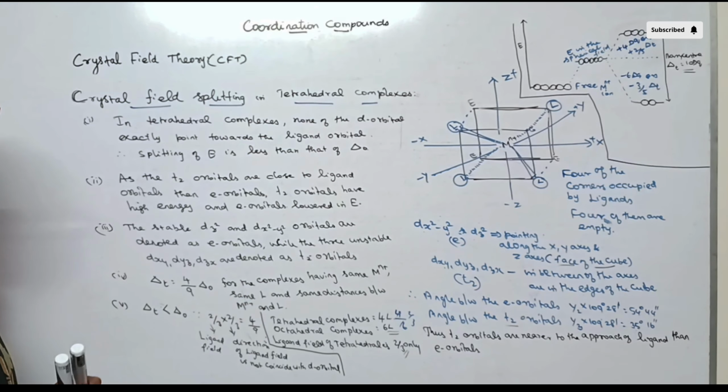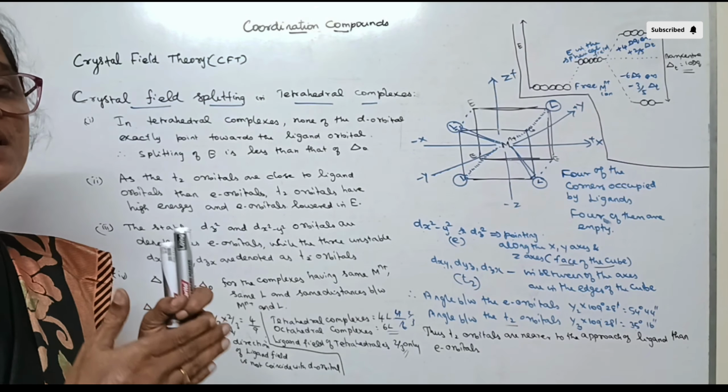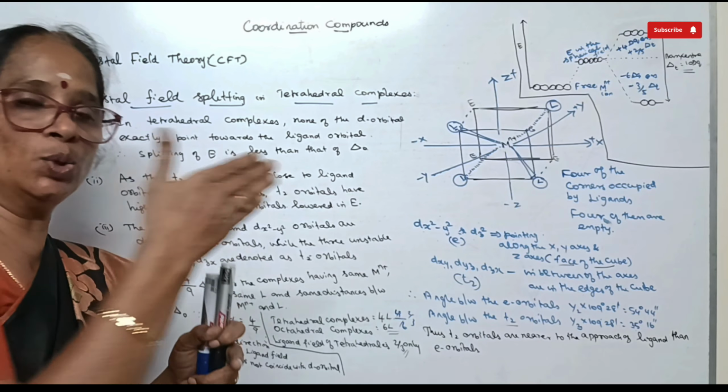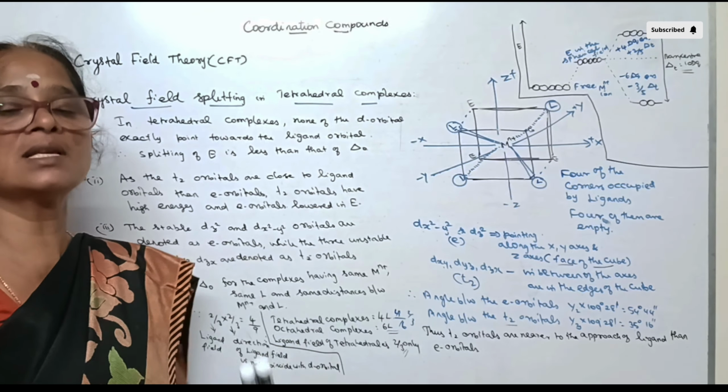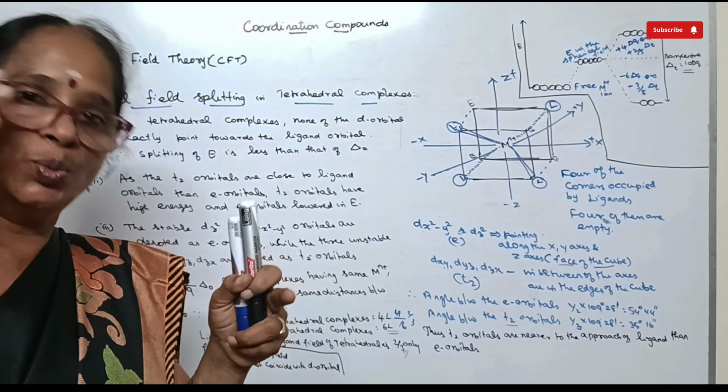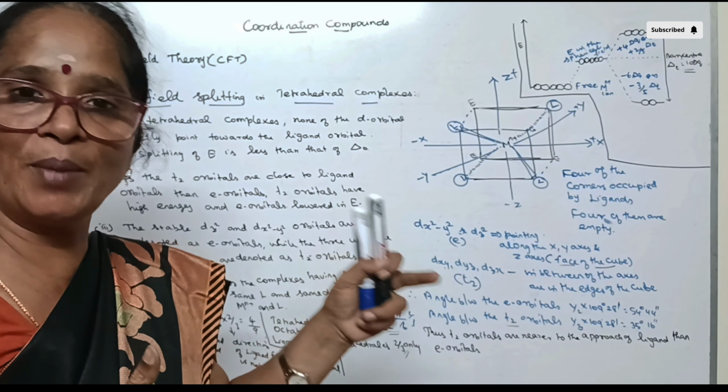And one more point, we can say the direction of ligand orbital towards the d orbital. In the octahedral complexes, the ligands are approaching directly towards the d orbital of the metal ion.